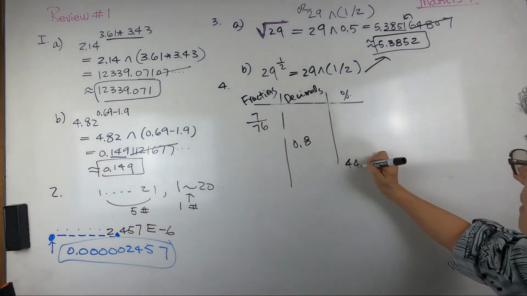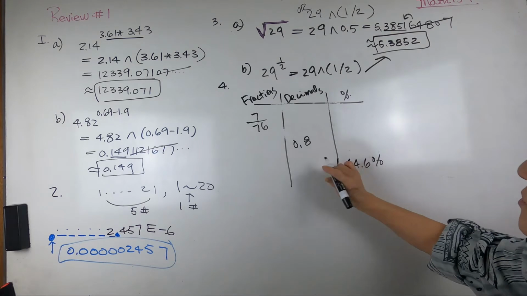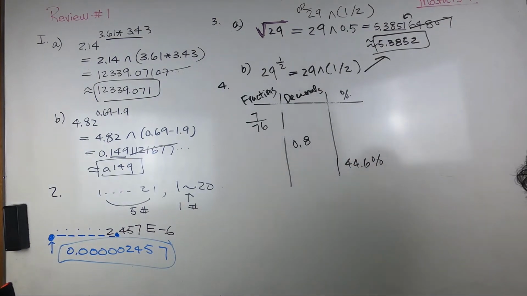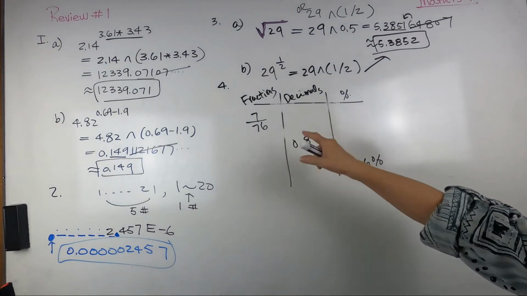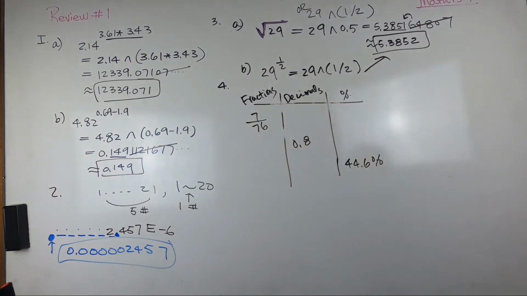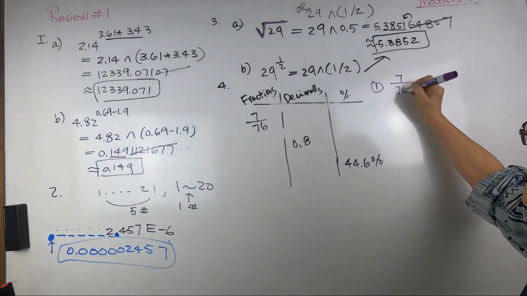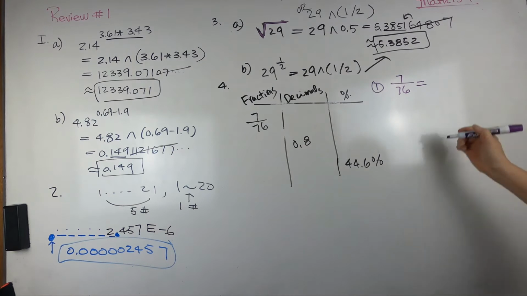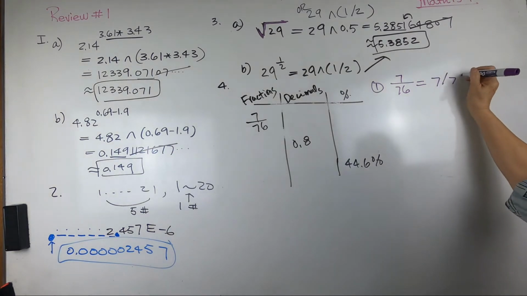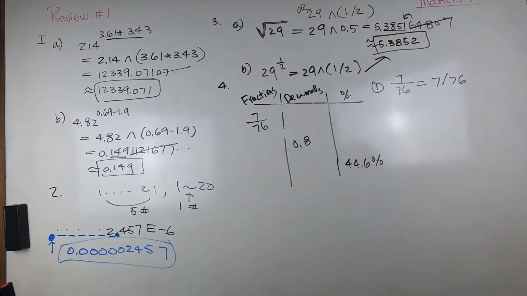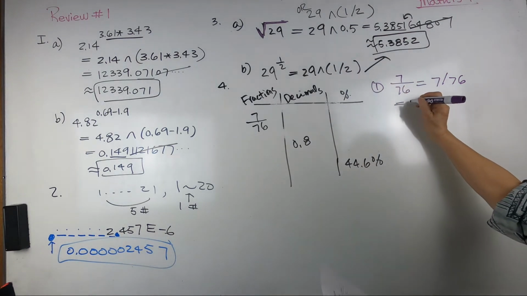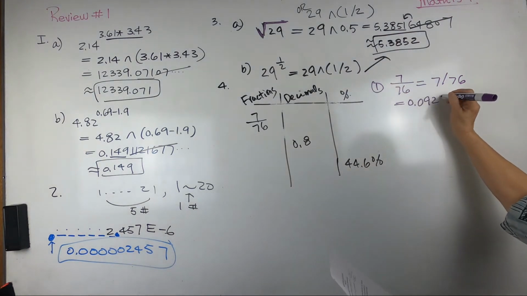Or if you have the percent, you should be able to find the others. All right, so for the first one, how do we convert fraction to decimal? Fractions means division. You put it into the calculator, right? So what do we have? We have this one.